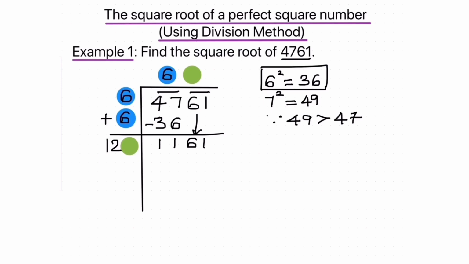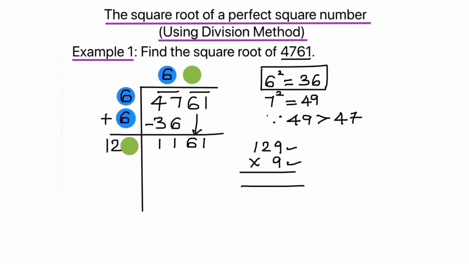So we are going to use the trial and error method to find the largest digit. So I am going to choose the digit as 9 because any number ending with 9 multiplied by 9, we will get 1 in the units place, because in our dividend we have 1 in the units place.